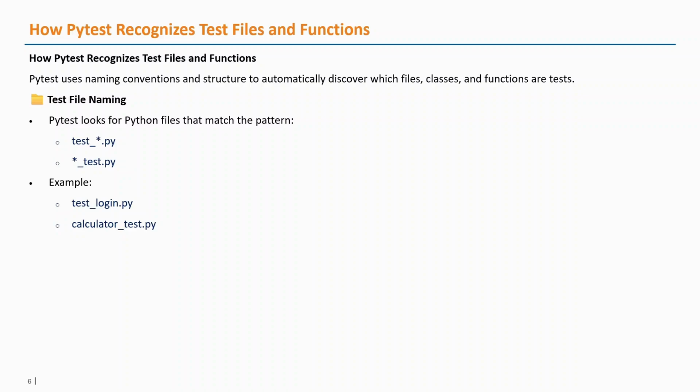In order for Pytest to recognize it, the test file should have a prefix test_ or a suffix _test. So Pytest always looks for Python files that match the pattern test_*.py, where star is any name, or *_test.py. The examples are test_login.py or calculator_test.py. So you should have a prefix test_ or the suffix _test. Only then will Pytest recognize this file as a test file.